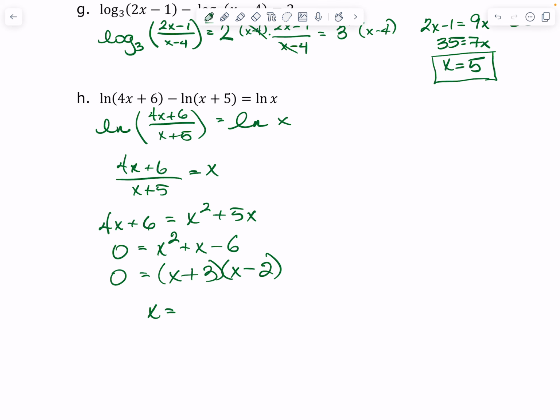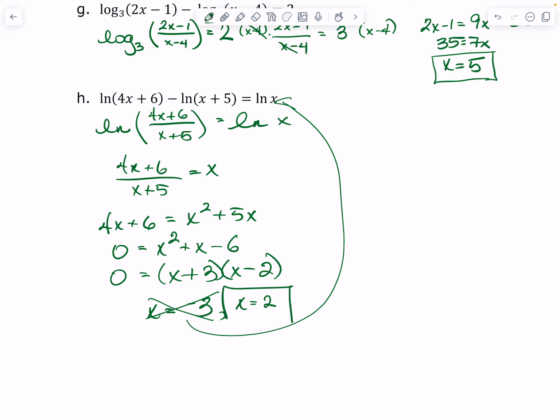I get x equals -3 and x equals 2. Again, that -3 is not going to work. And I mean, all I got to do is check this one. I cannot take the natural log of -3. So my solution here is just x equals 2.